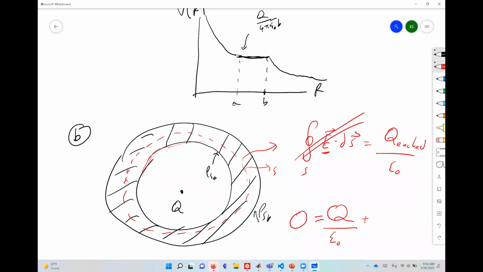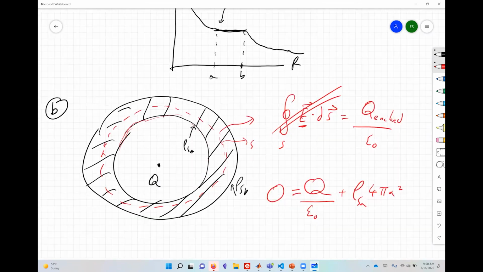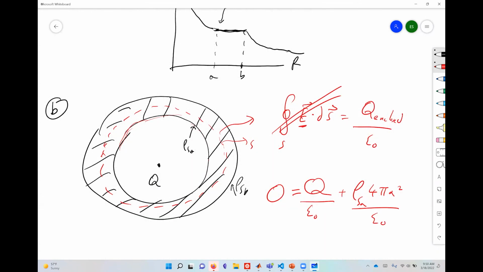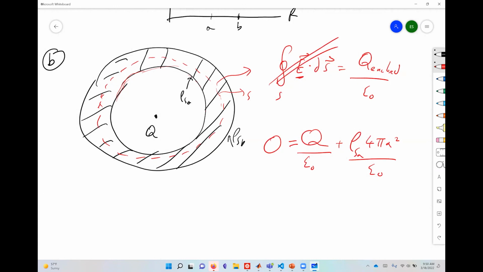What is the total charge on the inner surface of the conductor? It's rho SA times the surface area, 4 pi A squared, over epsilon naught. And that's it. I can use this equation to solve for rho SA. So rho SA is going to equal minus Q over 4 pi A squared, coulomb per meter squared.